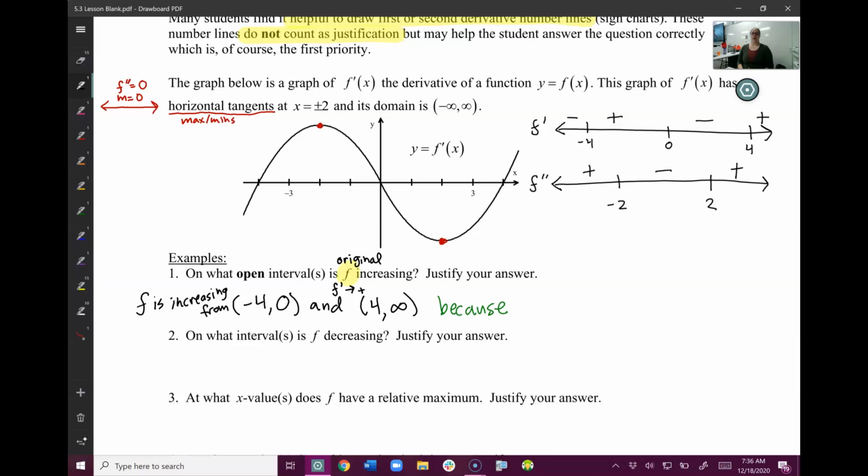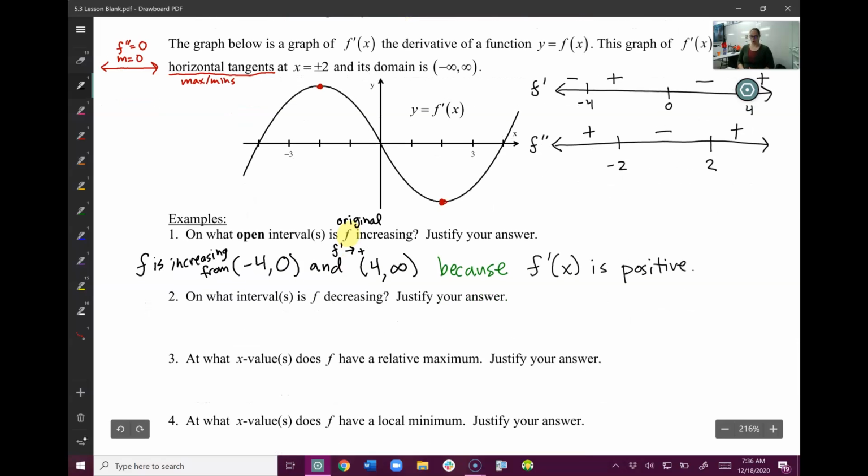Now, in these because justifications, you should always reference what you're given, not what you implied. So we're going to reference this graph here because that's what we're given. So I know that f is increasing on these intervals because f prime of x is positive. I'm referencing the graph that was given to me.